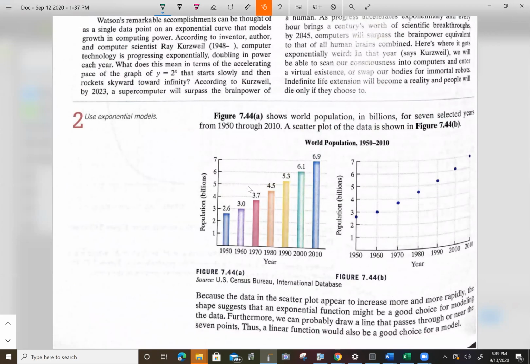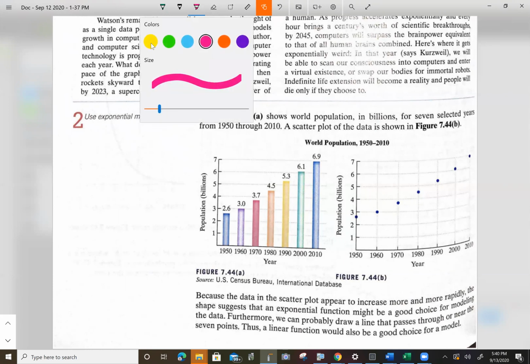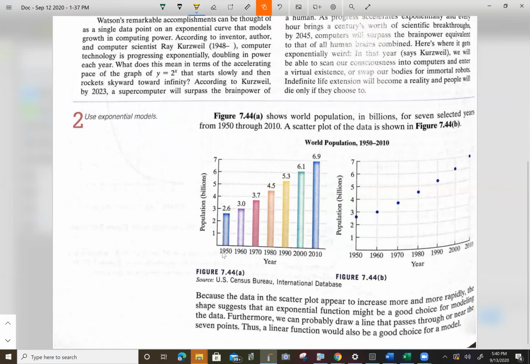So here it's talking about population as an exponential model. And what the book's trying to get at is that the way it's looking from these numbers between 1950 and 2010, if you plotted them, it looks almost like a linear relationship, right?